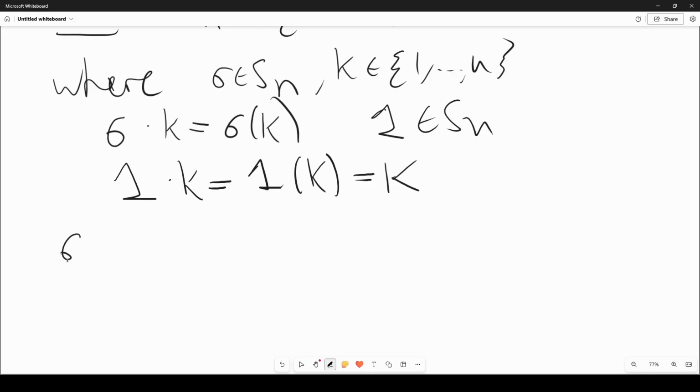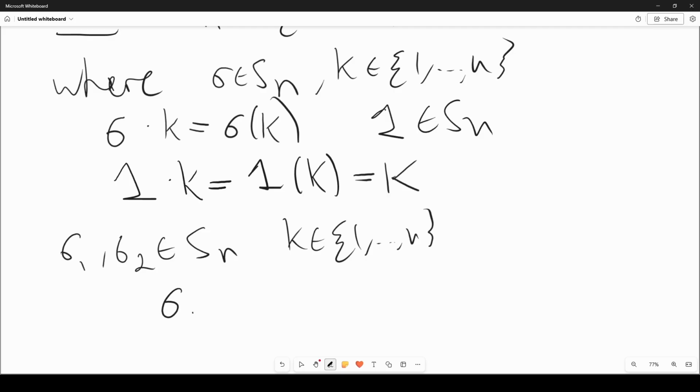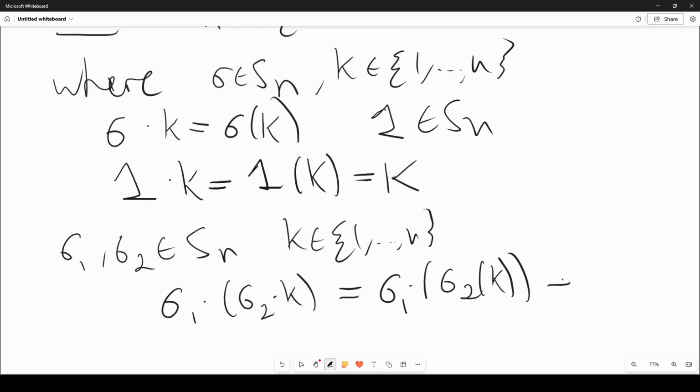Now let's take sigma 1 and sigma 2 in Sn. What we see is that, of course, k in 1 to n. We see sigma 1 dot sigma 2 dot k is going to equal sigma 1 dot sigma 2 applied to k, which equals sigma 1 of sigma 2 of k.